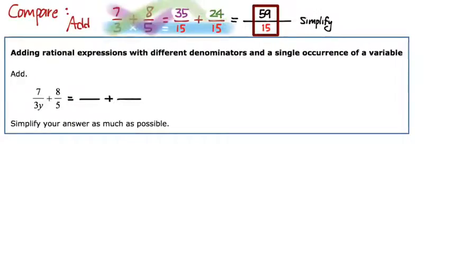Or what did you use as a common denominator when you did this problem? Same story as we did above, right? If I want a common denominator for my two fractions, I can just multiply together the denominators of my originals. 3y times 5 gives me 15y. And that will work as a common denominator for my two fractions.